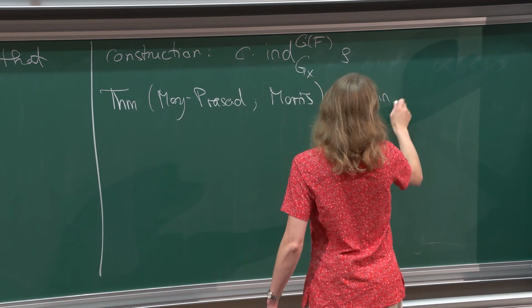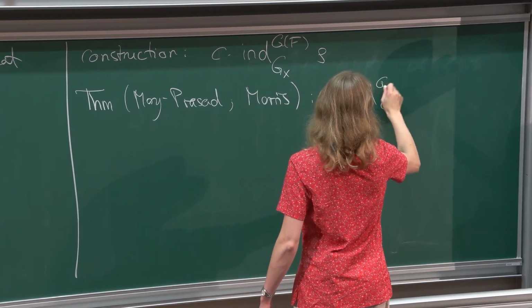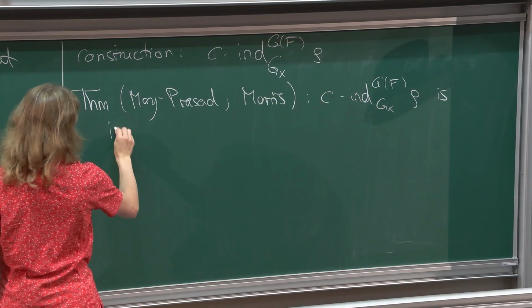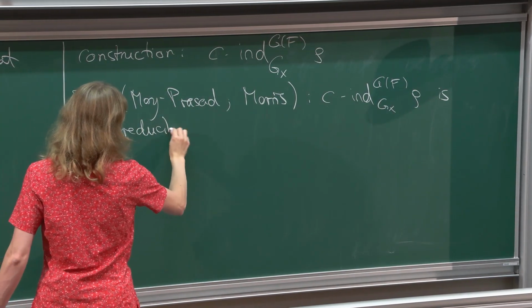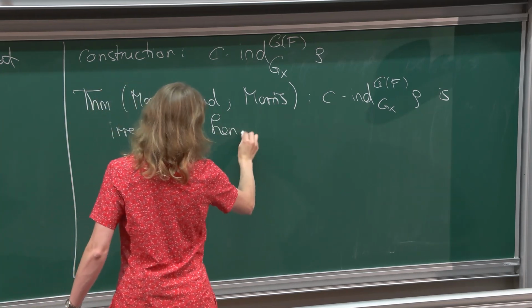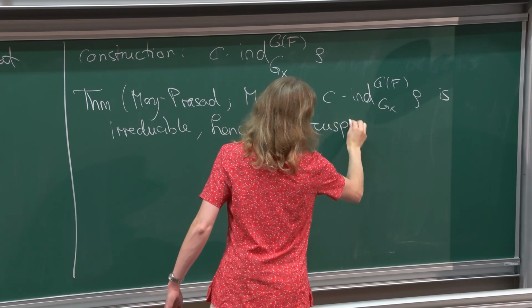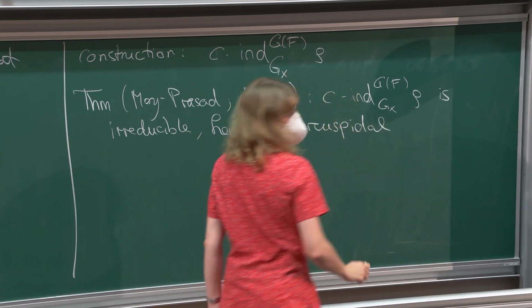So the compact induction from G_x to G of rho is irreducible. Hence, by the fact that I stated last time, it's supercuspidal. It's an irreducible supercuspidal representation.